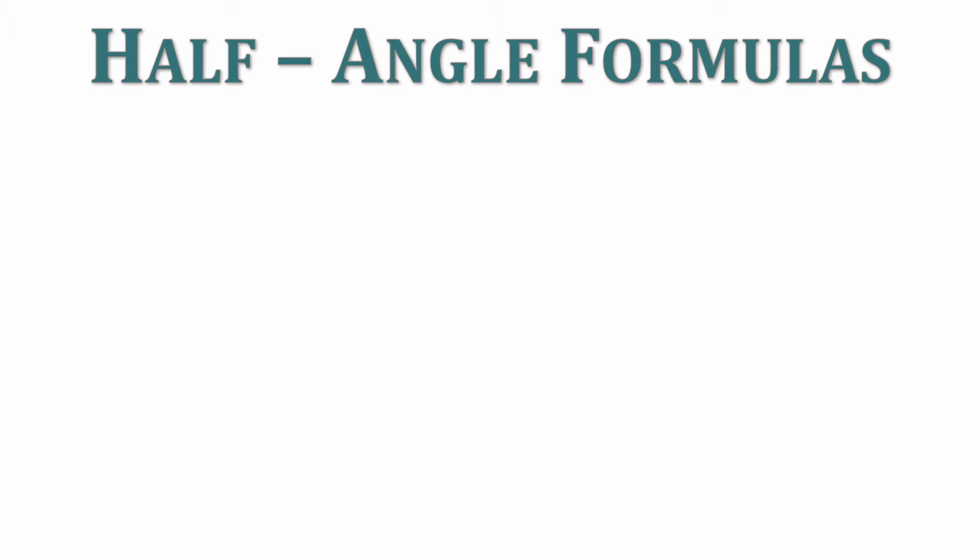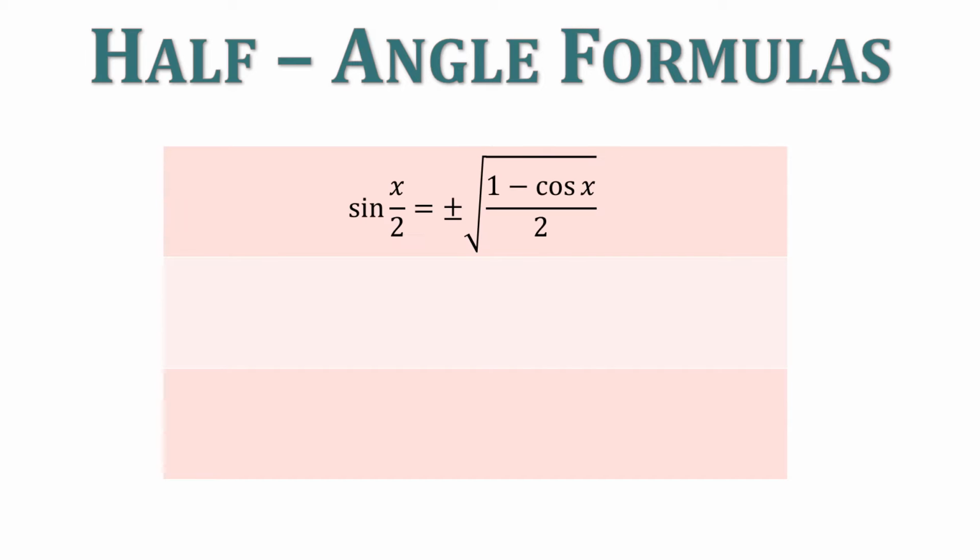We're also going to learn about half angle formulas and how to apply them in an equation. So we have three of these as well. Sine of x over 2 equals plus or minus the square root of 1 minus cosine x over 2. Cosine of x over 2 equals plus or minus the square root of 1 plus cosine x all over 2.